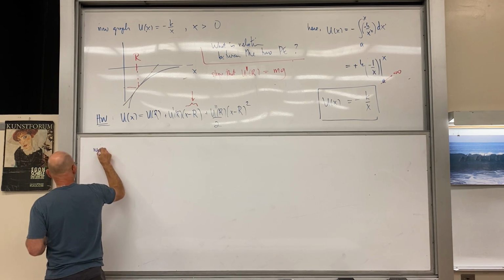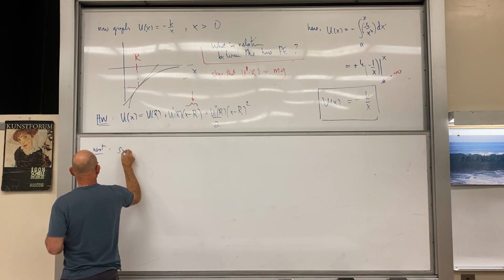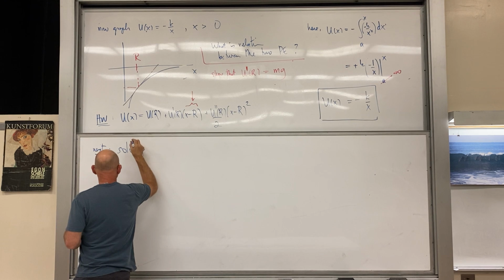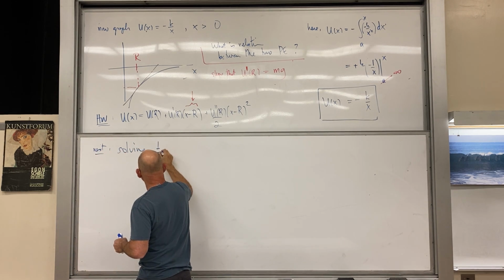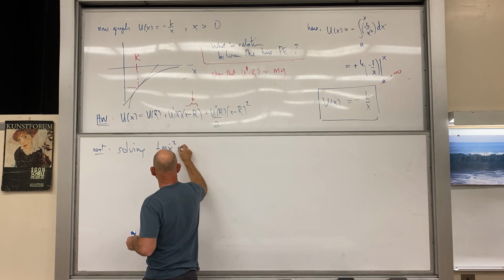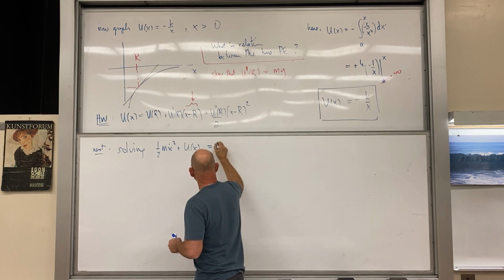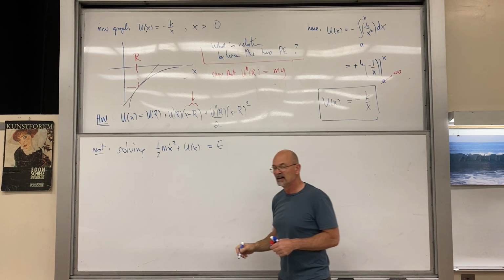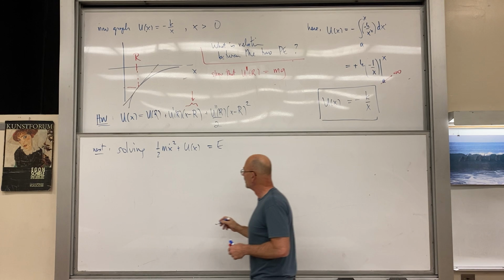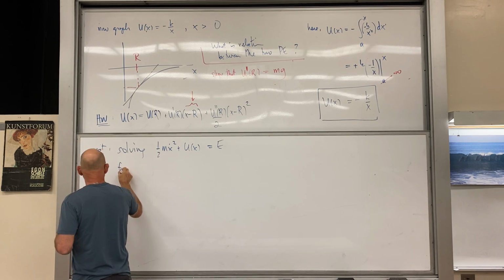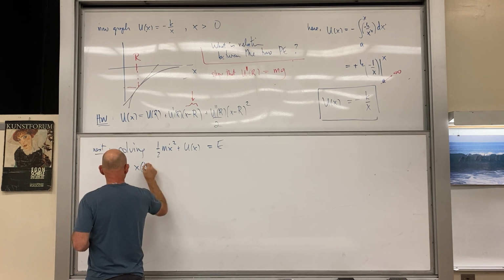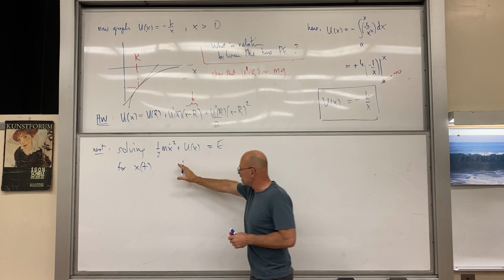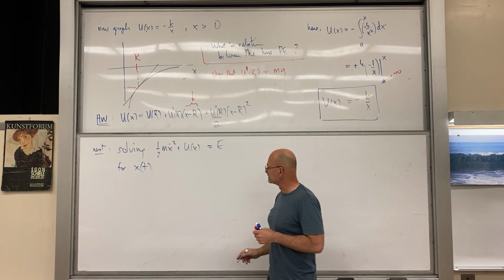Next, solving 1/2 m x dot squared plus u of x equals e for x of t. In other words, solving the differential equation to obtain x of t.